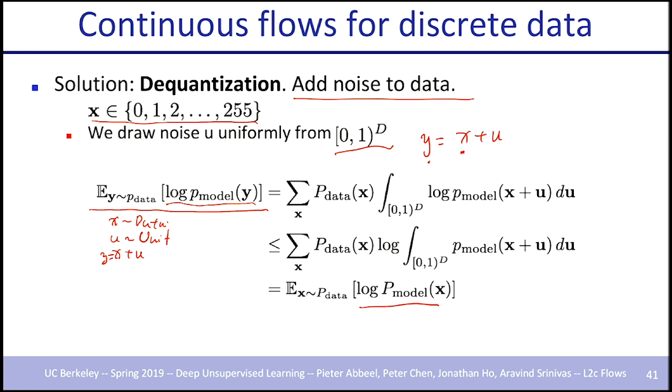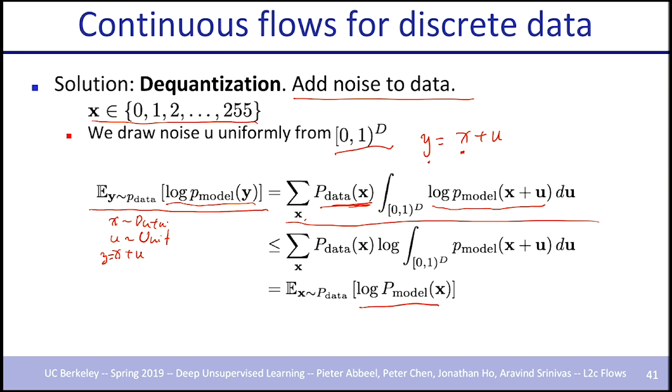Then if we write out what this means, it means the following. We first notice that X is sampled from some Mother Nature X distribution. And then you sample uniformly in this unit cube, and then evaluate that log likelihood under your model.